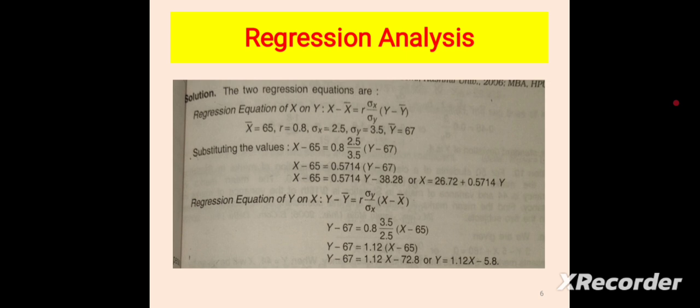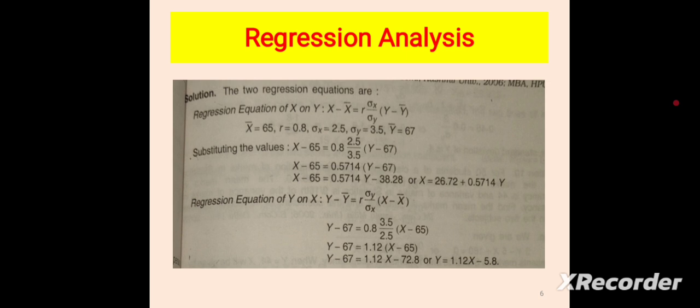So 0.5714 into y is 0.5714y, minus 0.5714 into 67, which is minus 38.28. So x is equal to 26.72 plus 0.5714y. So this is how it is calculated. x minus 65 is equal to 0.5714y minus 38.28.